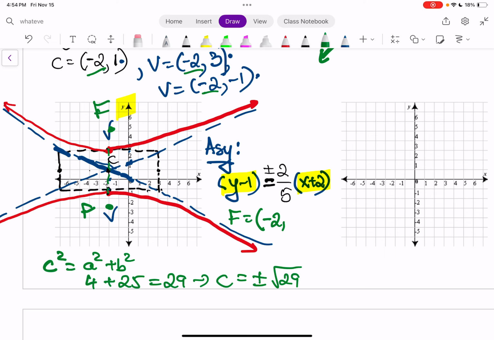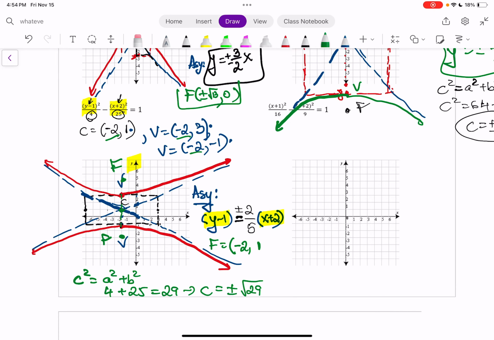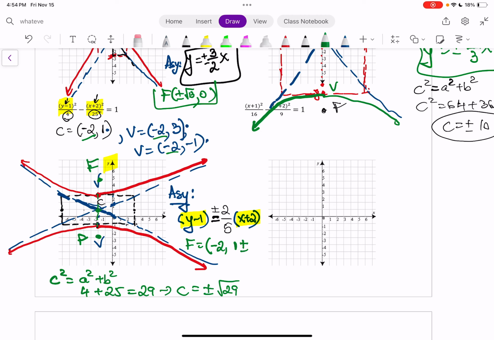They're all on the same vertical line. But from the center, which was at 1, we would have to go up and down by a square root of 29 units. So from 1, which is again where we start counting everything, from the center, we would go up by square root of 29 units and down by a square root of 29 units. So we leave that like that.